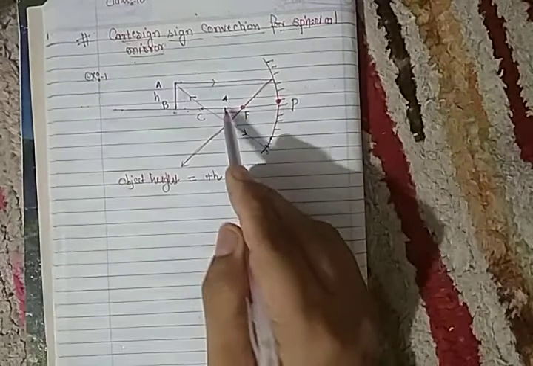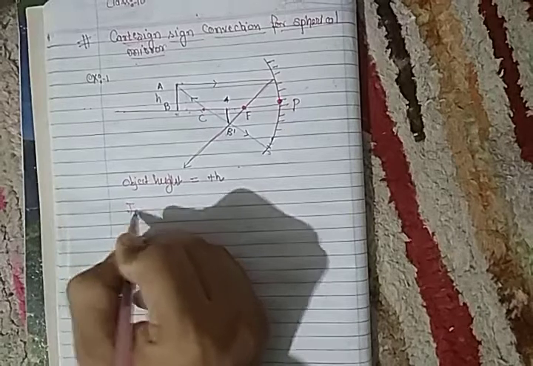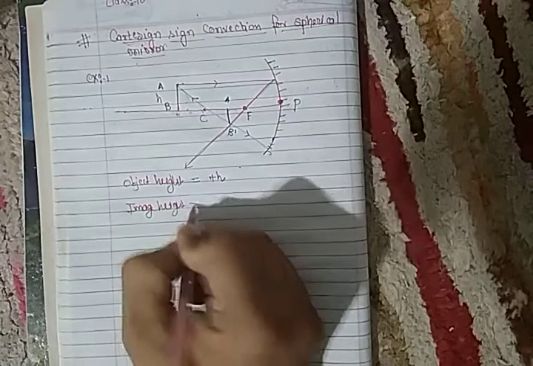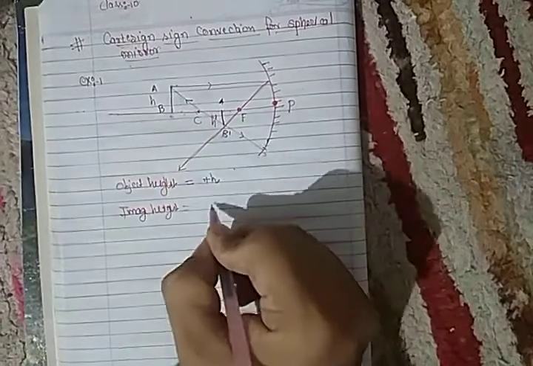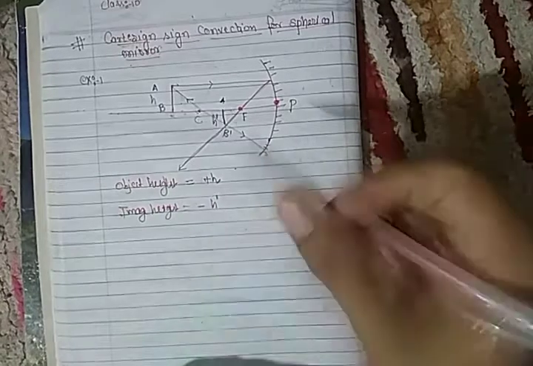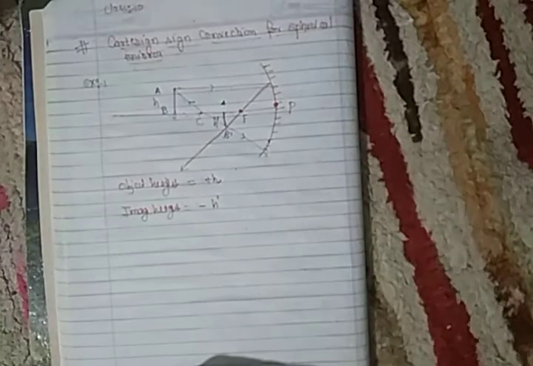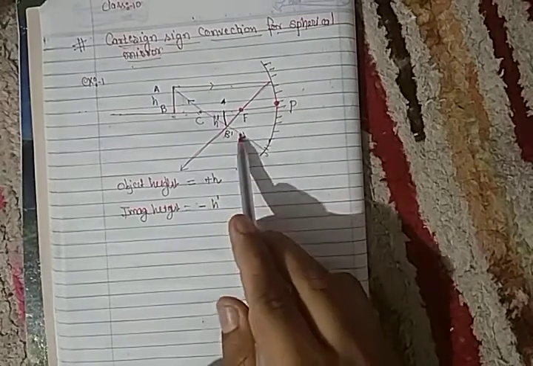Now see, this image is below the principal axis. So I can say the image height is below the principal axis. I am supposing the height is h dash. So this h dash is what? Negative. I told you, above the principal axis, positive. Okay, now below the principal axis, it is negative.